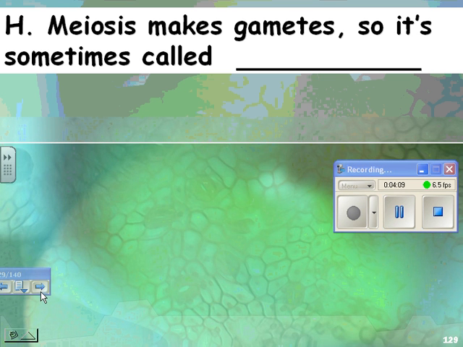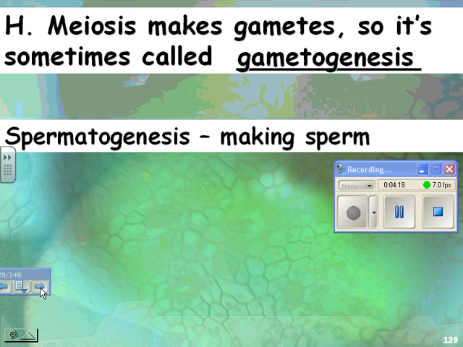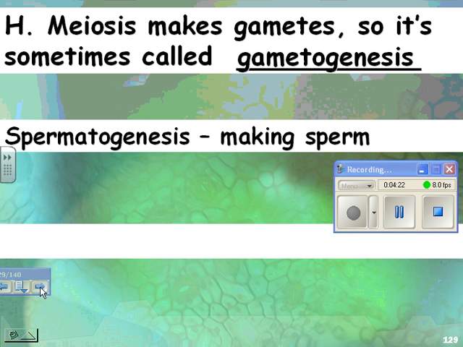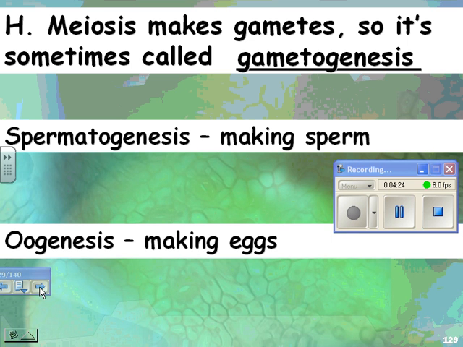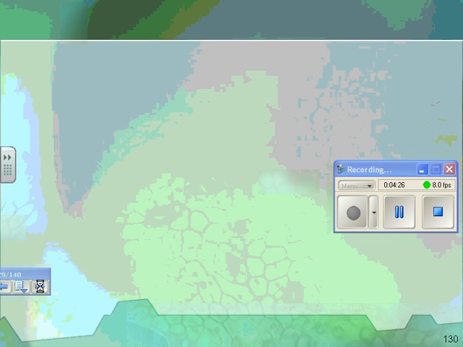Meiosis makes gametes, so it's sometimes called gametogenesis, meaning to make gametes. And if it's in males, it's called spermatogenesis. That means making sperm. And if it's in females, it's oogenesis, making eggs.